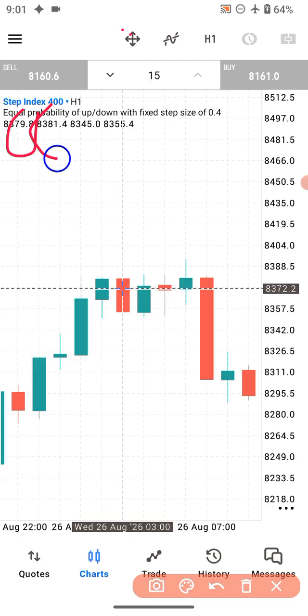The high is where the market got to in the highest form as it was moving. It reached that area. That's the high. And then the low is where the market reached in the deep of its movement. And then the C, the last, is the close. And that is where the market closed.